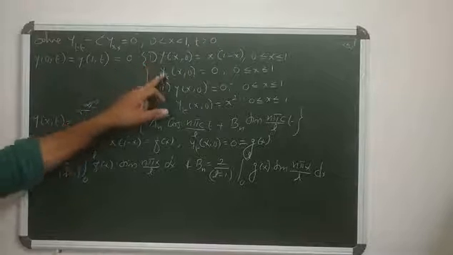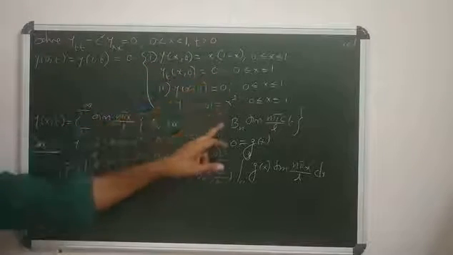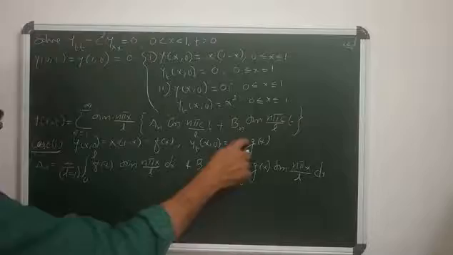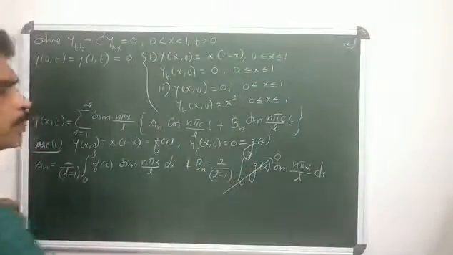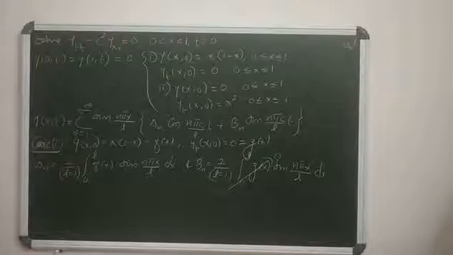According to the first condition, yt(x,0) is g of x, that is 0. So bn equals 0.